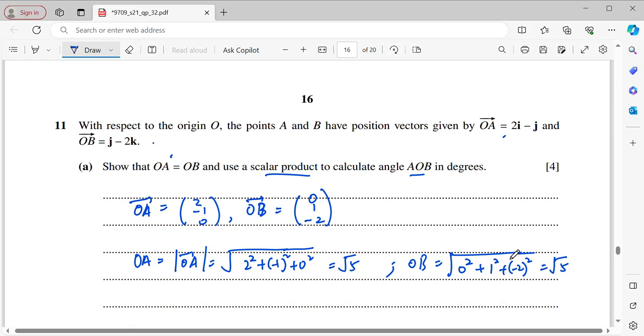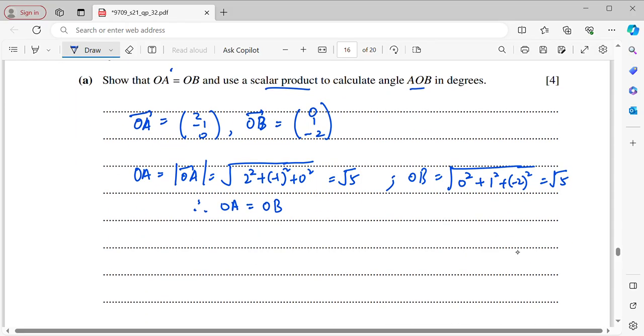So obviously OA is the same as OB, both equal length. So to get the angle AOB, let's say the angle AOB is theta.